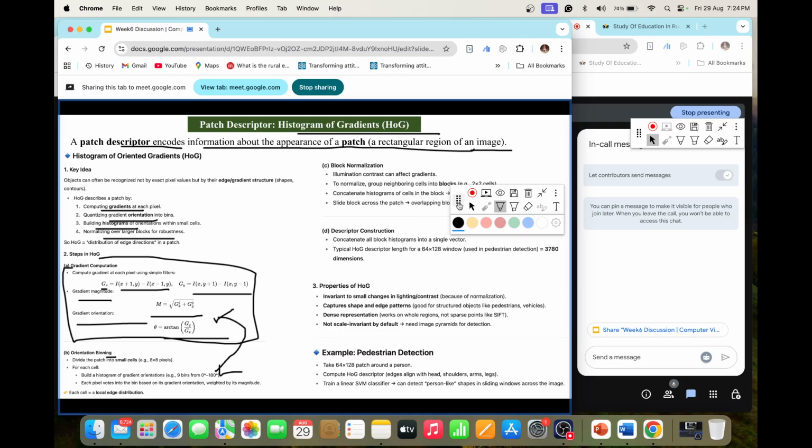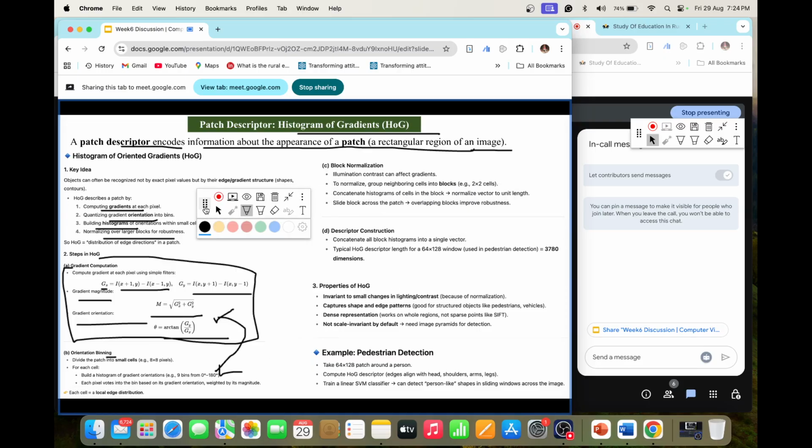By that we describe the patch. That is why it is known as histogram of oriented gradient.